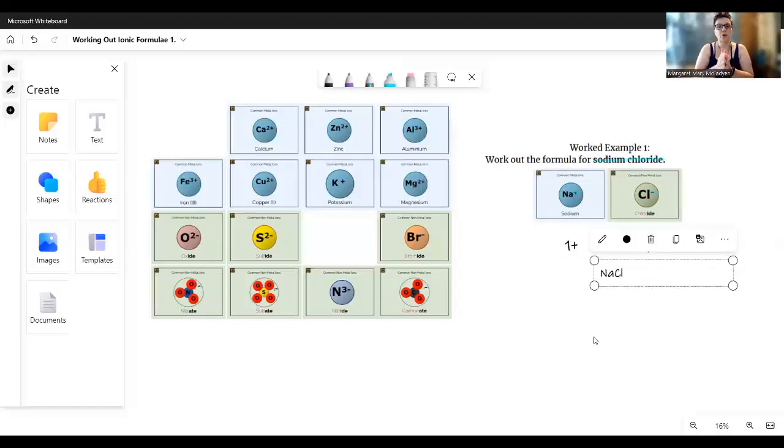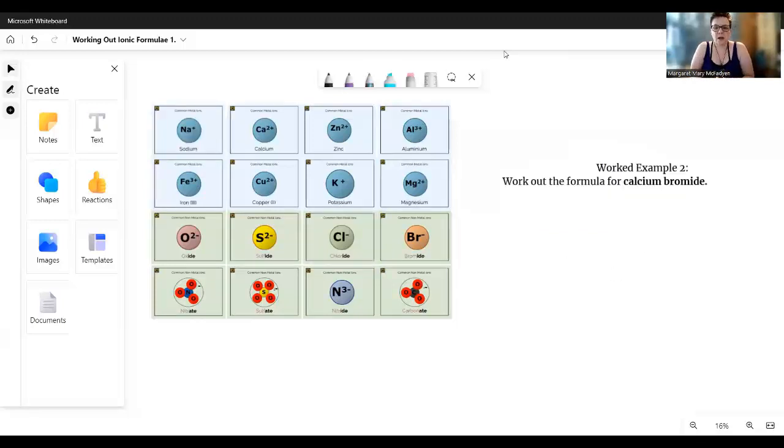So we're looking to cancel out these charges. We're counting the number of cards, effectively the number of ions, when we write the formula. And when we write the formula of the compound, we don't put the charges in because they've cancelled each other out. So the whole compound is NaCl.